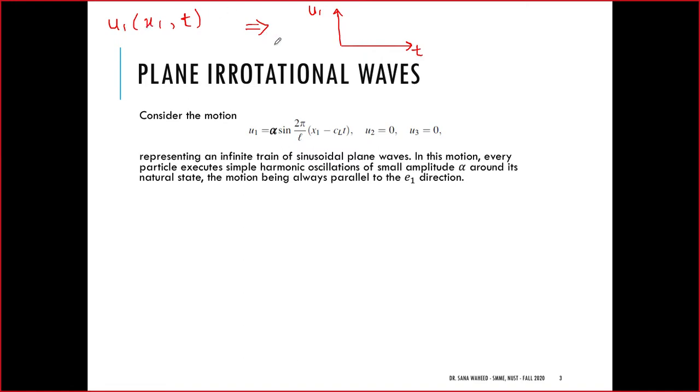Let's say x1 is equal to 10, that's my focus, that's my point of interest. This is just an example, okay? So what happens to u1 at that position? We see that as a function of time, it's actually a sine function. Even if this becomes a constant, what it ends up looking like is still a sine function.